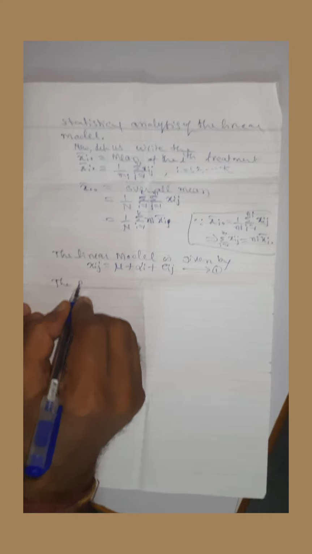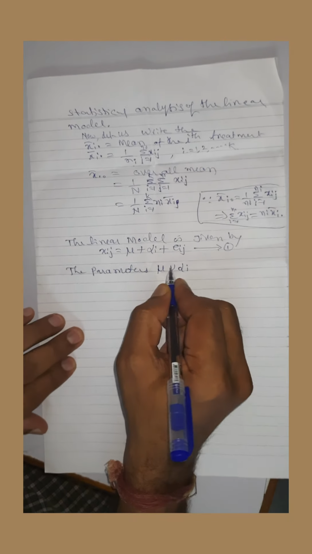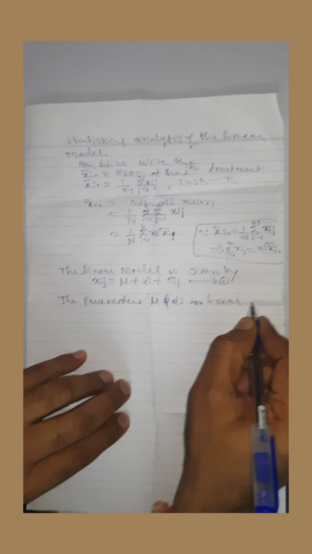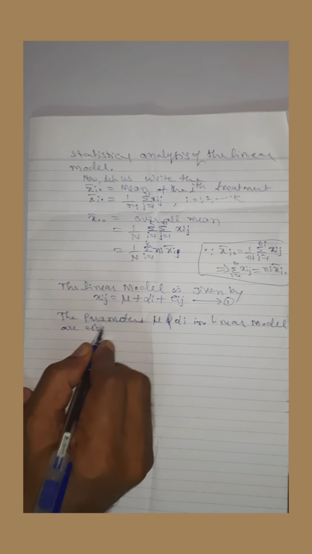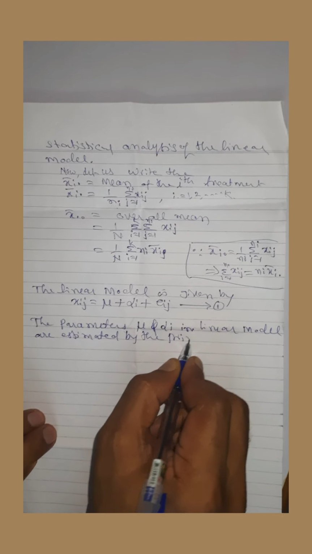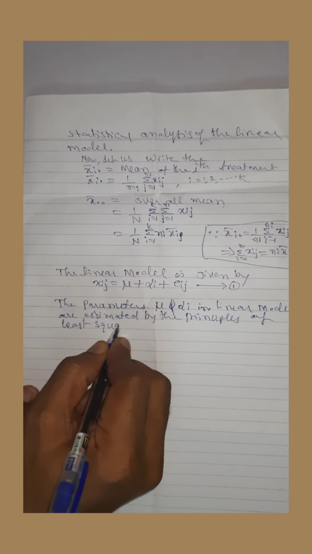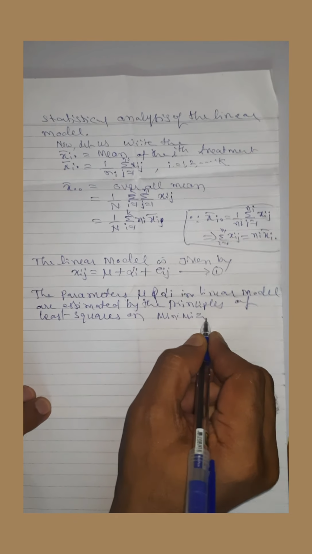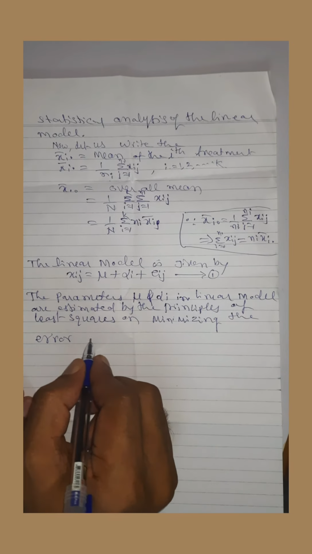The parameters mu and alpha i in the linear model are estimated by the principle of least squares on minimizing the error sum of squares.